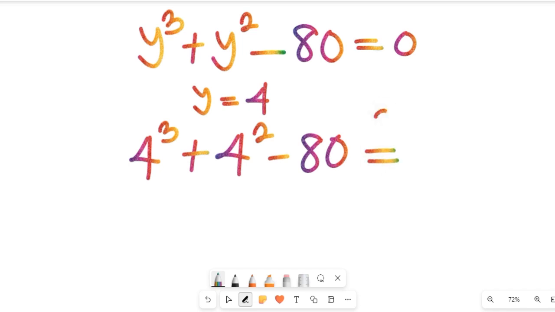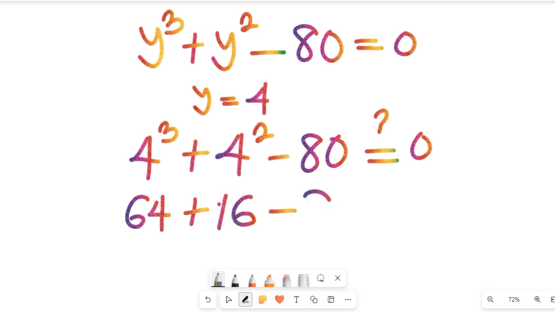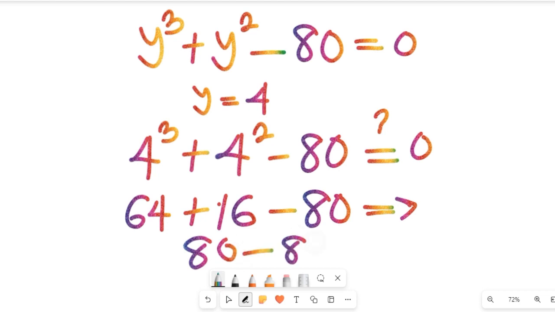Is it going to give us 0? Let's find out. 4 to the power of 3 is going to give us 64. We are testing. Plus 4 to the power of 2 is going to give us 16 minus 80. If you resolve this, 64 plus 16 is going to give us 80, and then 80 minus 80 is equal to 0.